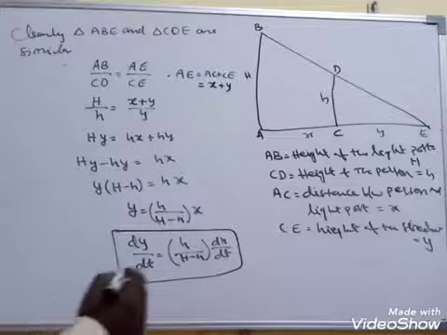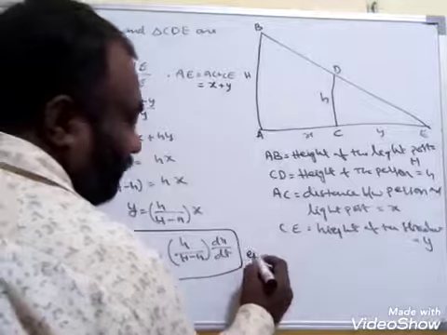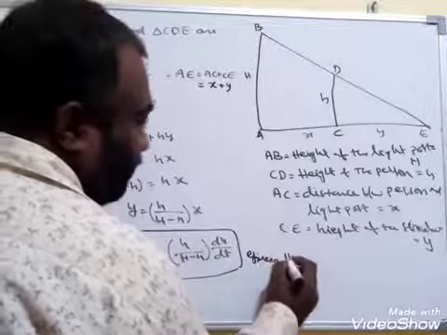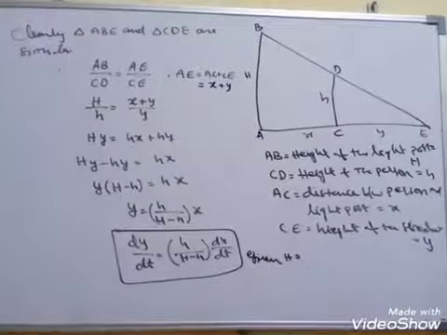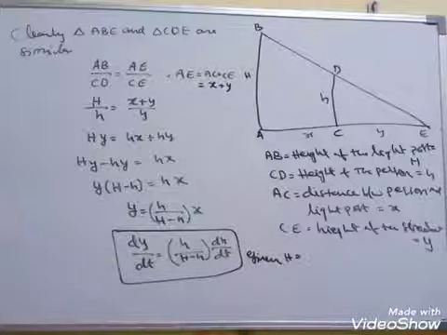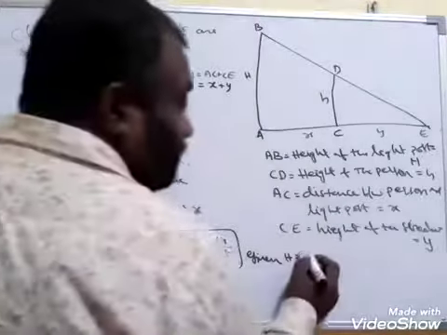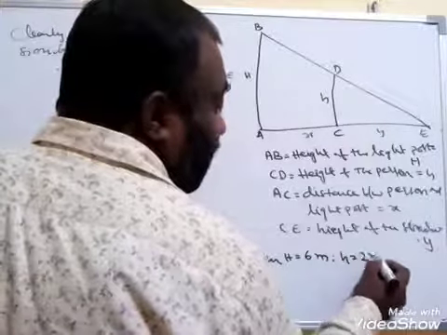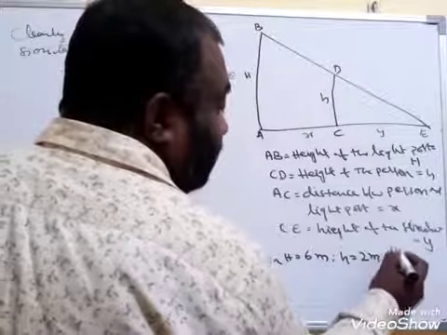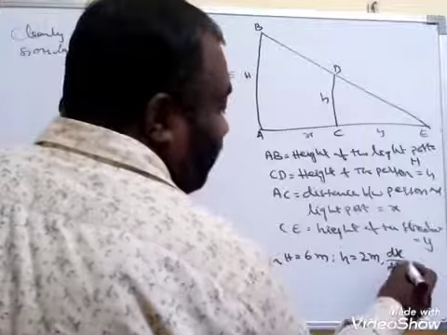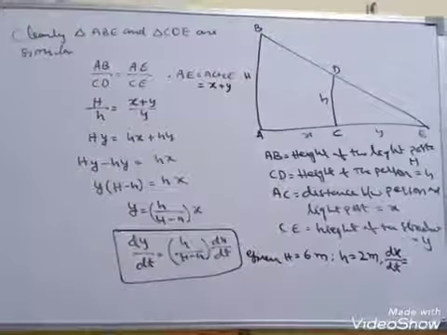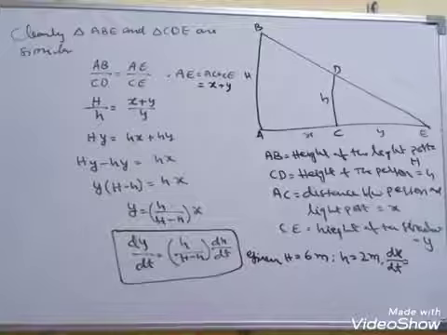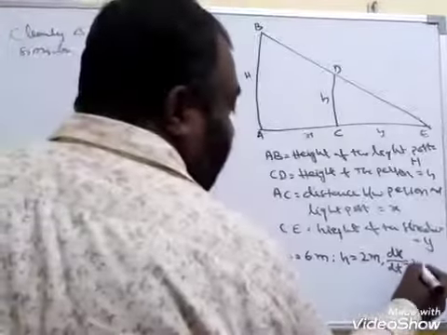Now observe what is given. Capital H, the height of the light post, is 6 meters, and the height of the person is 2 meters. The person is moving at a rate dx by dt of 5 kmph.